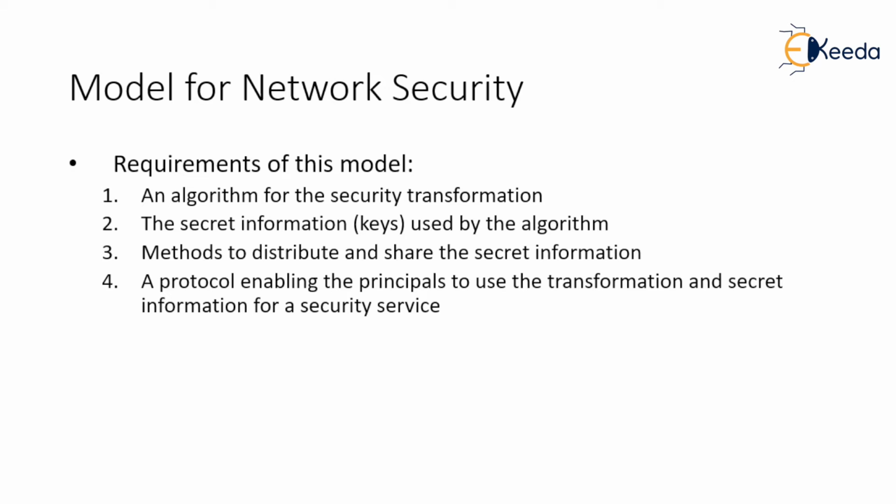It needs a secret key, which is the secret information used by an algorithm, and that secret key should be shared amongst both the parties. Both parties should be aware of that secret key and use it to encrypt and decrypt the message at their own ends.